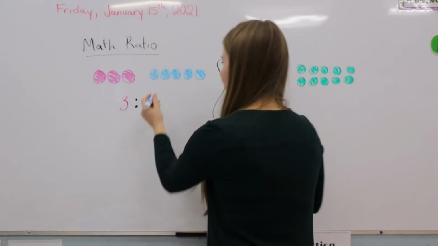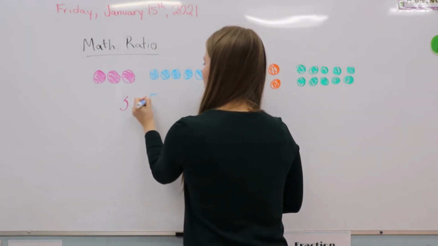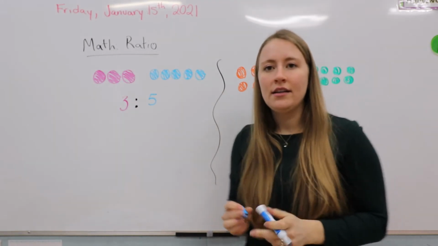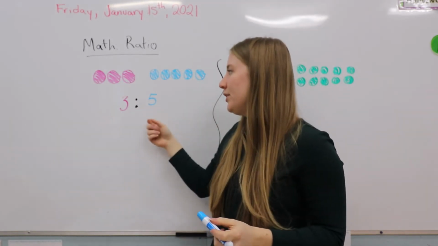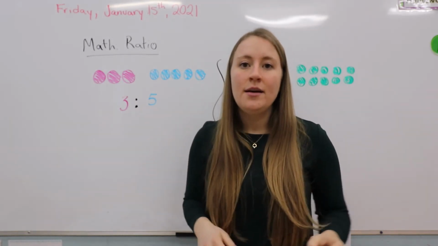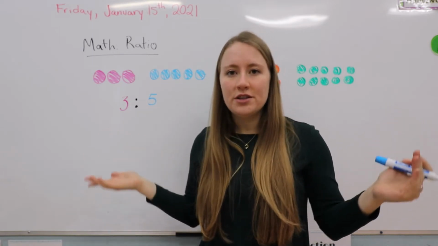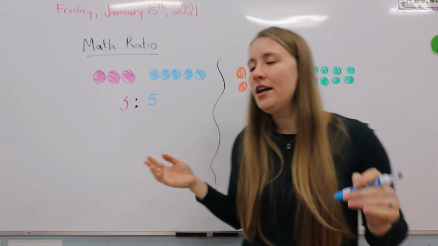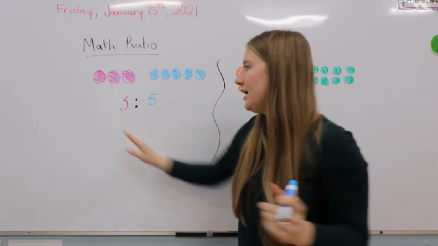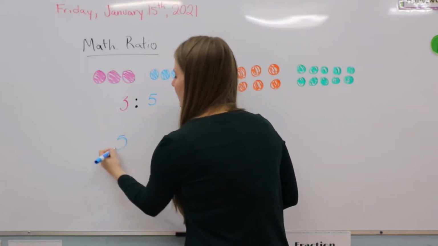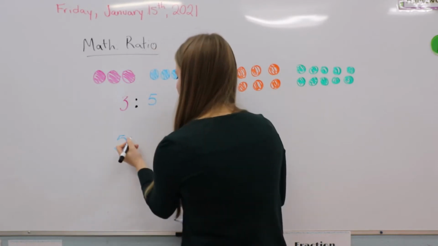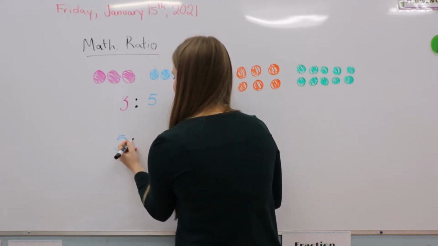5. Okay, so the ratio of pink to blue is 3 to 5. But if the question asks you, what is the ratio of blue circles to pink circles, the ratio of blue to pink is 5 to 3.